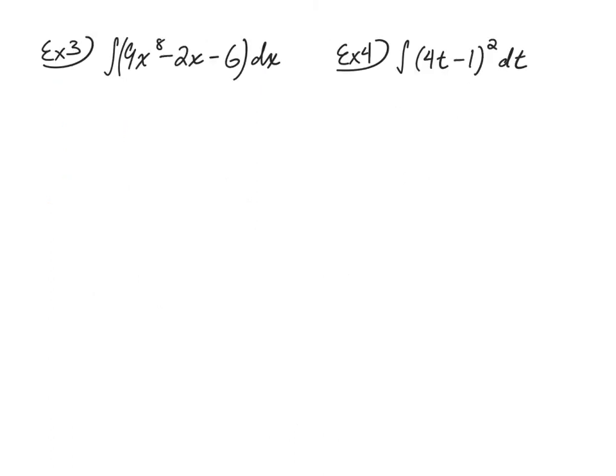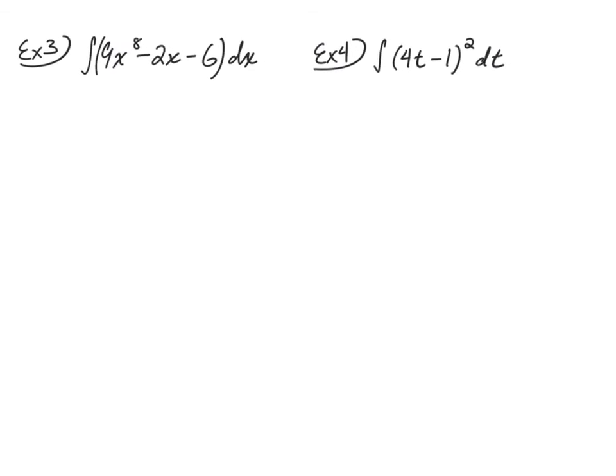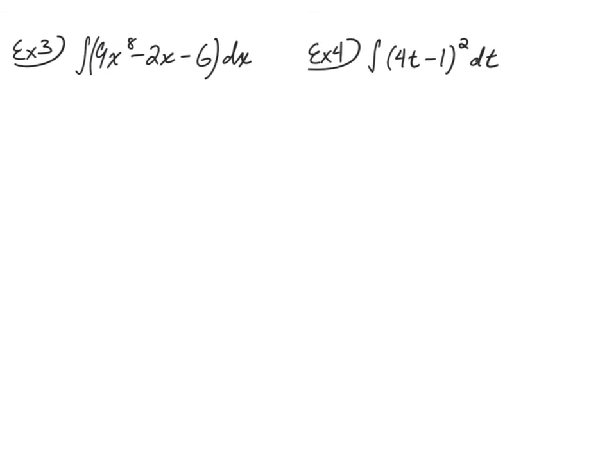All right, on this slide we have a couple more examples. You can see we have example 3 and example 4. And what is going on in the background, we had a sum and difference rule back in our list of basic antidifferentiation rules. And what that really tells us is that we can find the antiderivative for 9x to the 8th power dx.